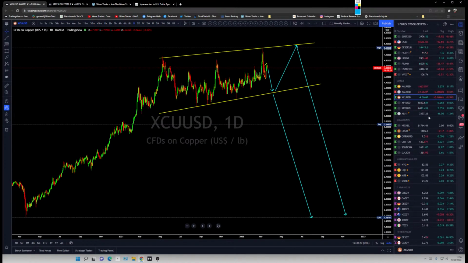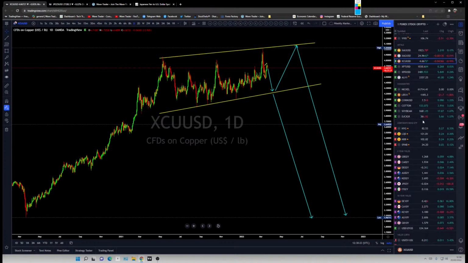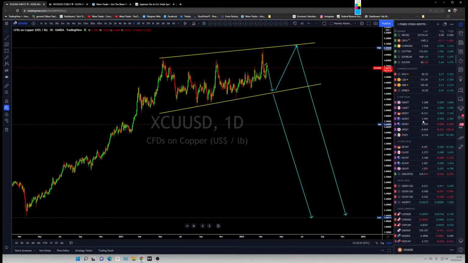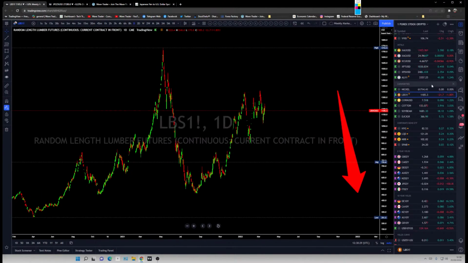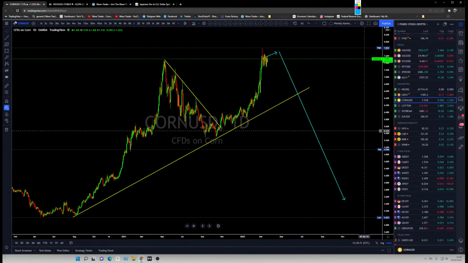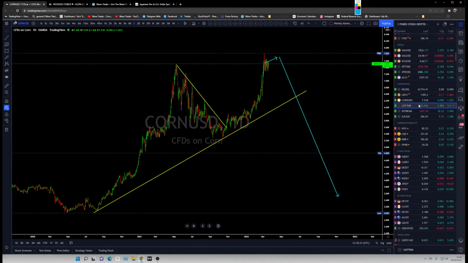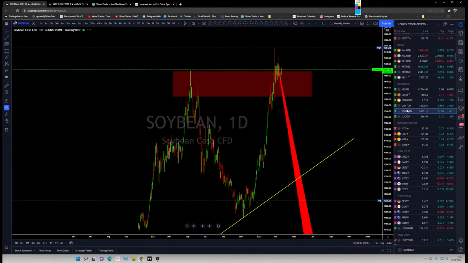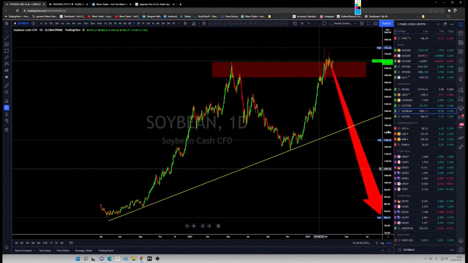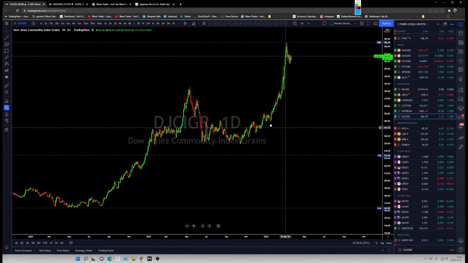Copper, platinum, those assets are also going to be similar. These are inflationary items, and the Fed is just trying to come over them. They are going to drop too for the longer term. All of these should drop for the longer term.